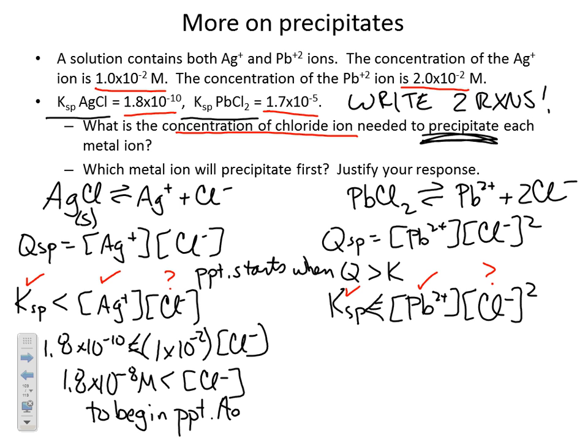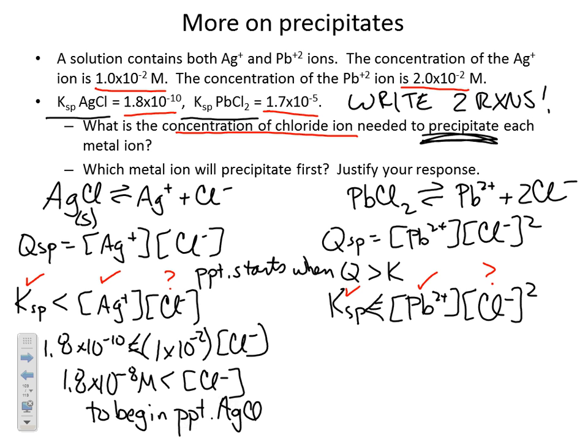So that's what that number means. As soon as the chloride concentration becomes larger than 1.8 times 10 to the minus 8th molar, you're going to start precipitating your silver chloride. Because we're starting at 0. Basically, it says we don't have any chloride to begin with. We're starting at 0, and as soon as we hit that number, we're going to start precipitating the silver chloride.